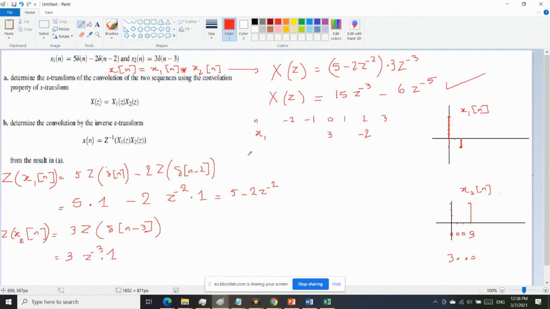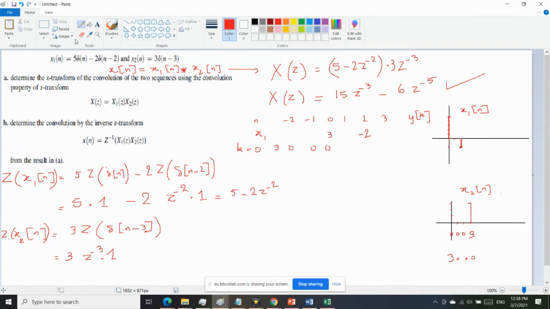So when k is 0, this is going to be, yeah, we multiply and sum, so y, the result of the convolution.